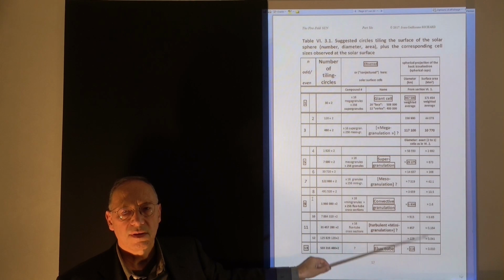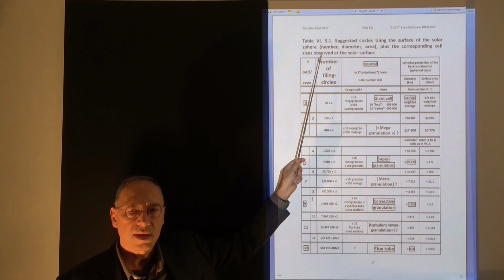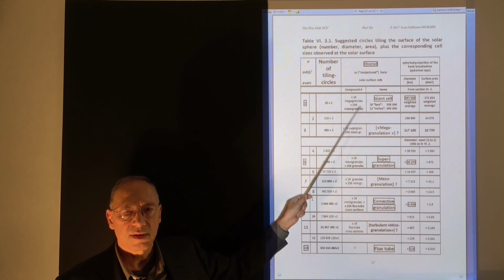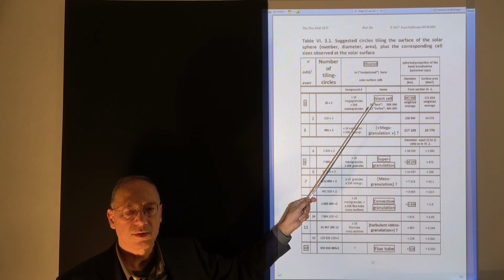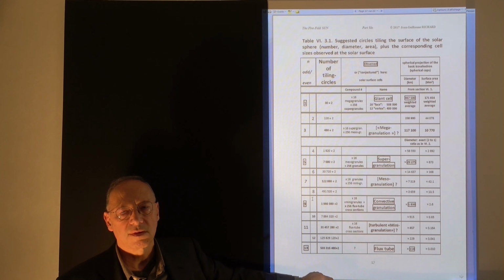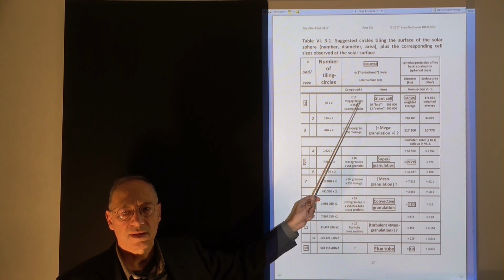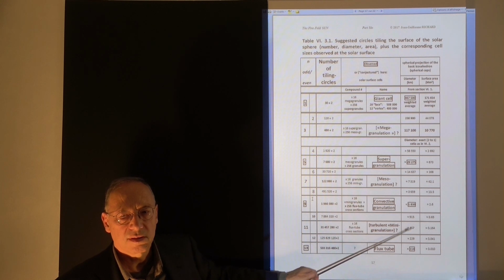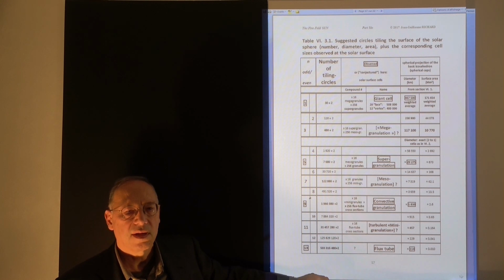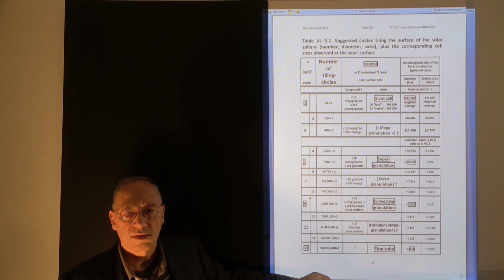You see now in this table the entire set of parameters which define the tiling circles, their numbers and their dimensions, and the proposed correspondence with actually observed cells: giant cells, supergranulation, convective granulation, flux tubes, finally at the level n equals 13.